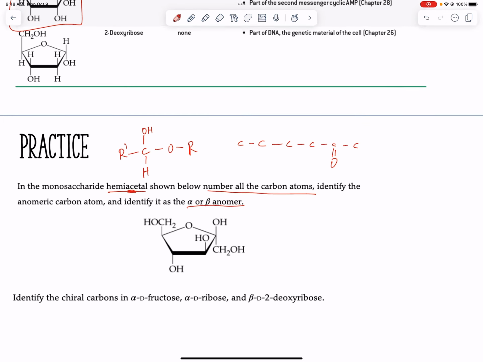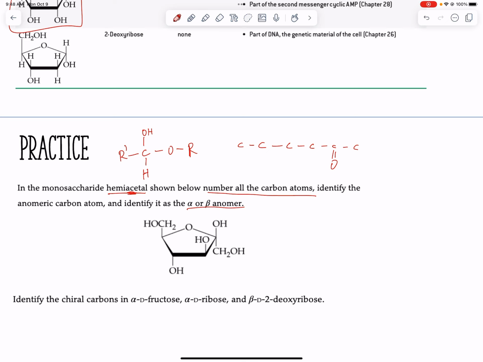And so to number these carbons, this would be carbon 1, 2, 3, 4, 5, and 6. Carbon 1 and carbon 6 will not be included in the ring because, if you remember, it is the OH group on the last chiral carbon, farthest from our carbonyl carbon.